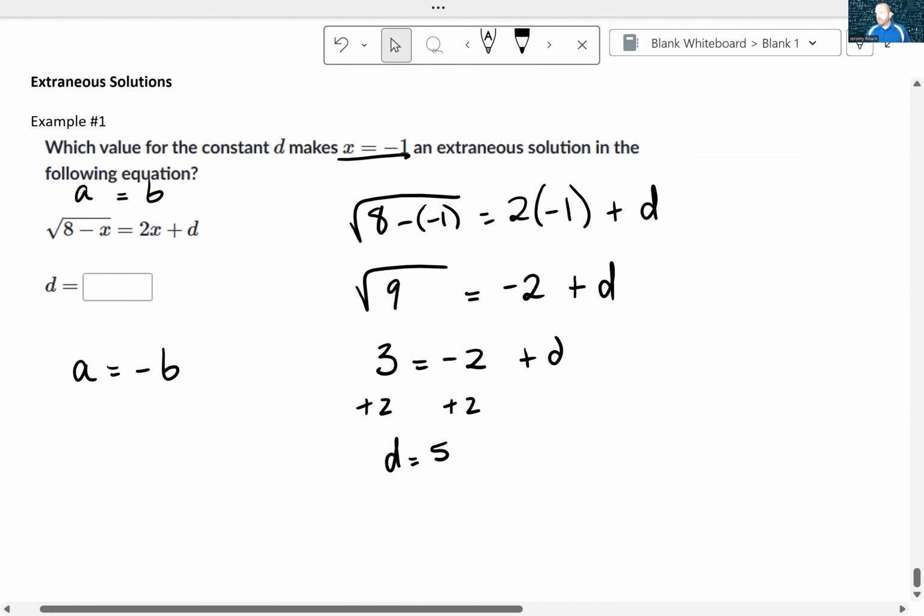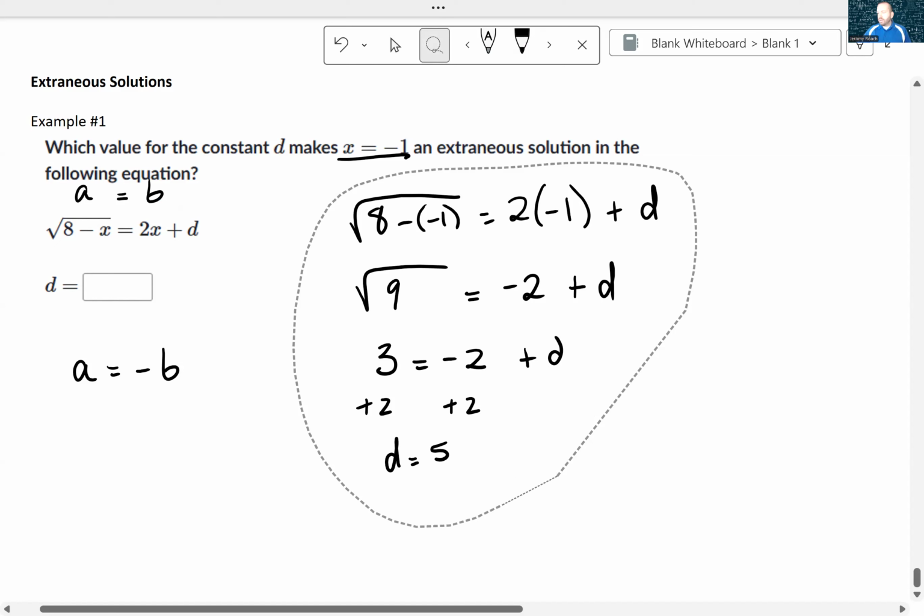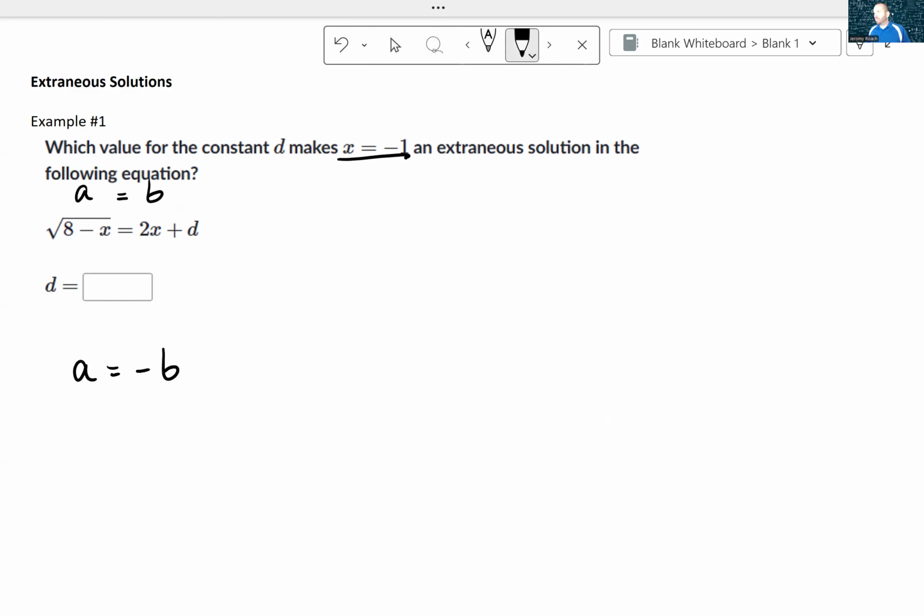So we're going to rewrite this. We're going to say the square root of 8 minus x is equal to negative 1 times the quantity 2x plus D. We're going to distribute the negative.